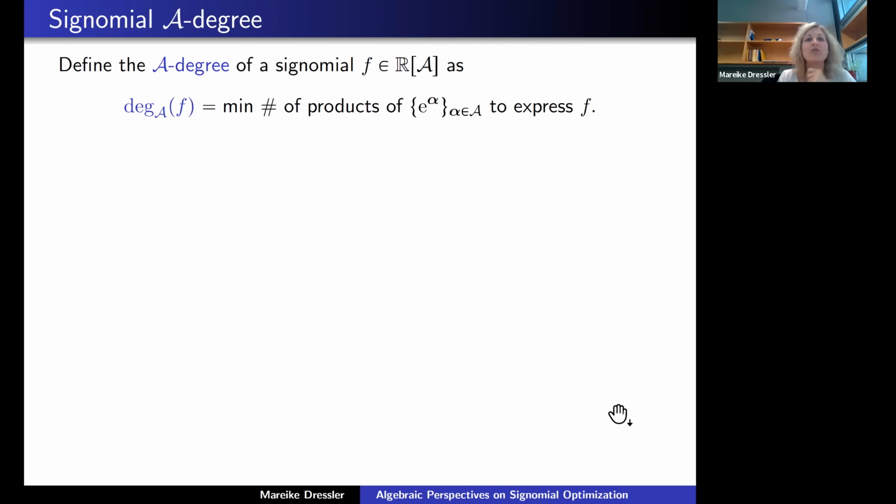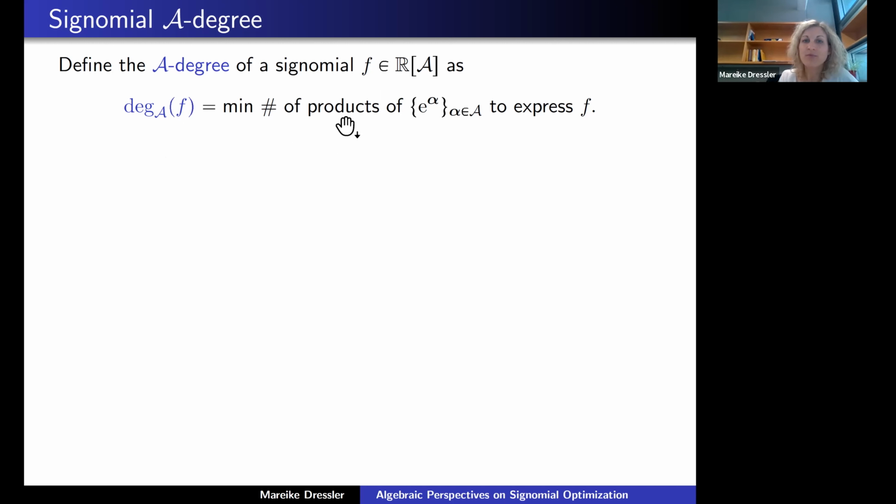So we now came up with defining a so-called A-degree for signomials in the following way. We define the A-degree of a specific signomial as the smallest number of products that I need to express f.